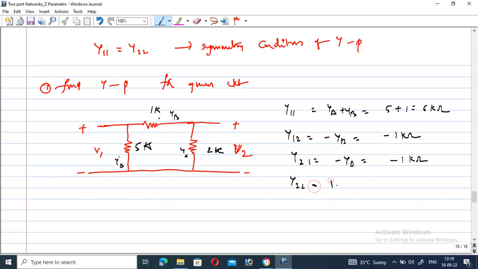Y22 is equal to YB plus YC, that is 1 plus 2, therefore we get 3 kilo ohms. So this is the way we calculate the Y parameters, guys. If we know the logic, you can easily calculate the Y parameters from the given circuit.